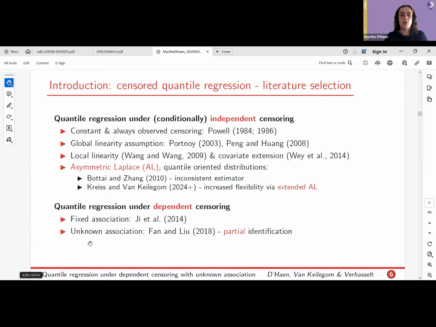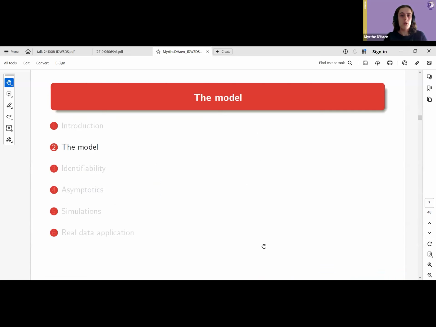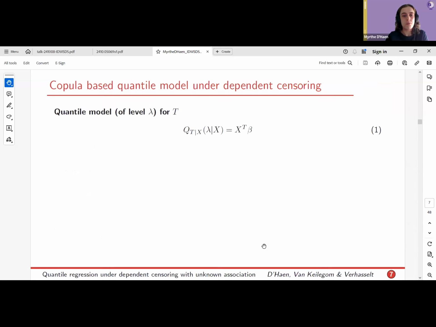They also have an unknown association, but with the important difference that they only perform partial identification, so set identification of the parameters, rather than the point identification that we will consider. So now that I've positioned our work relative to the existing literature, let's dive into the model and its main components.